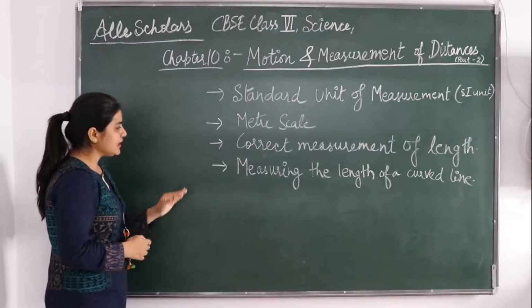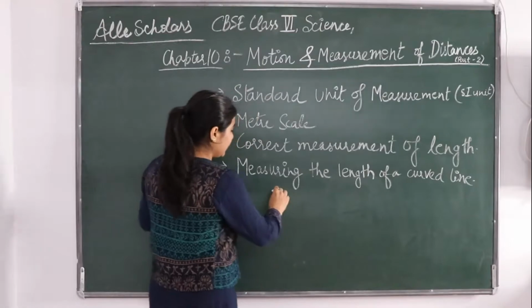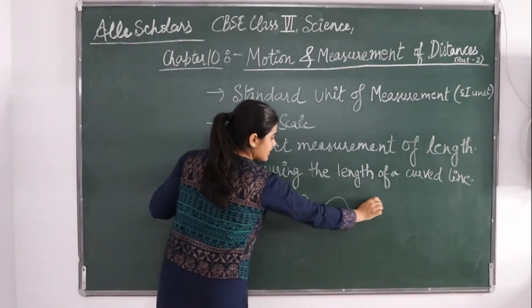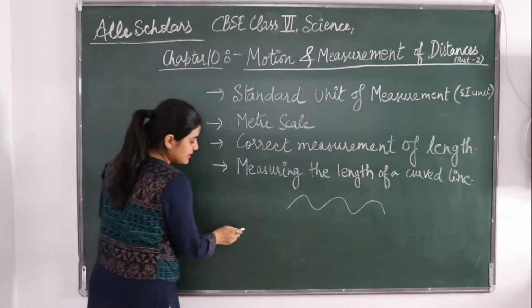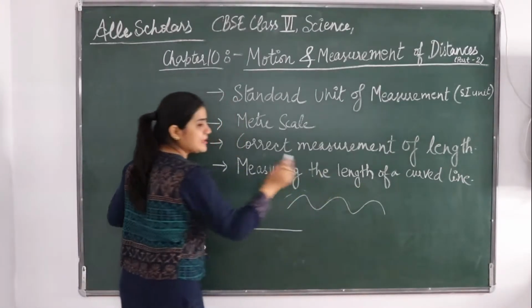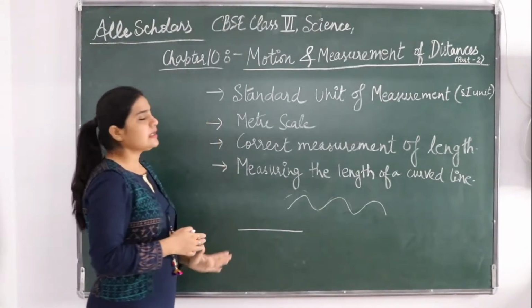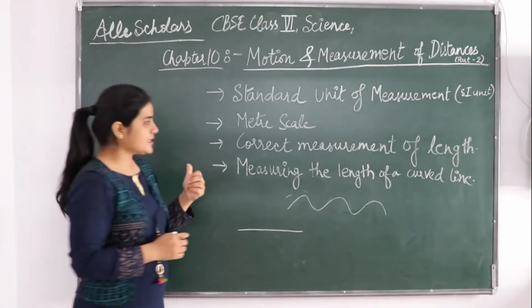Next we are going to see measuring the length of a curved line. Measuring a straight line is very easy, but how can we take a correct measurement of a curved line? These are the topics that we are going to discuss today.